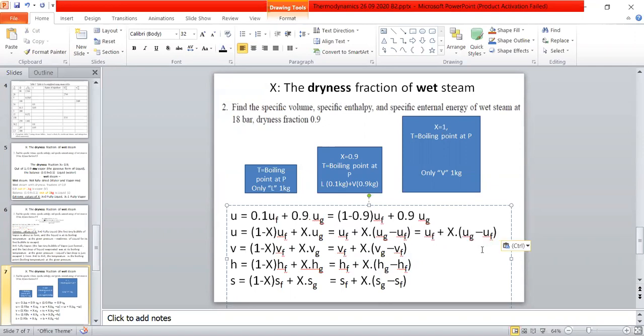So instead of Ug minus Uf, you can write this as UFG. UF plus X UFG. Let me put the bracket for your convenience.